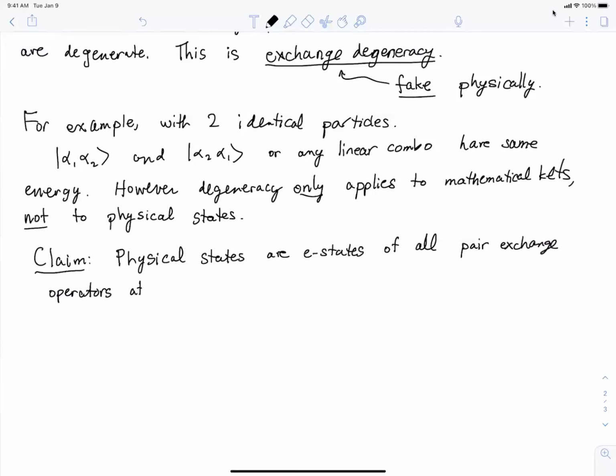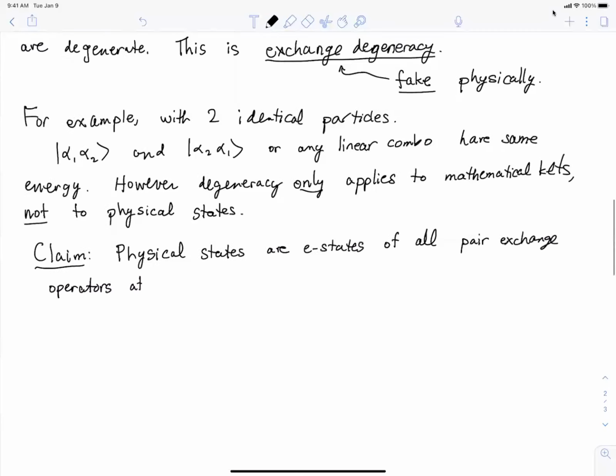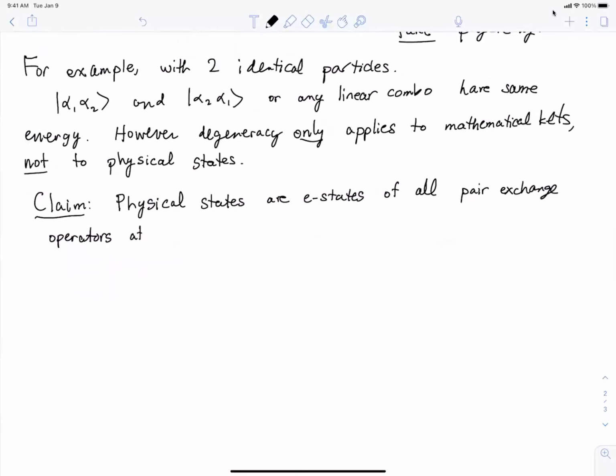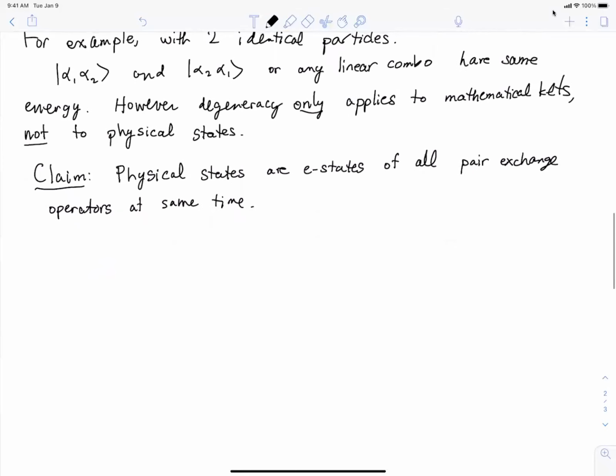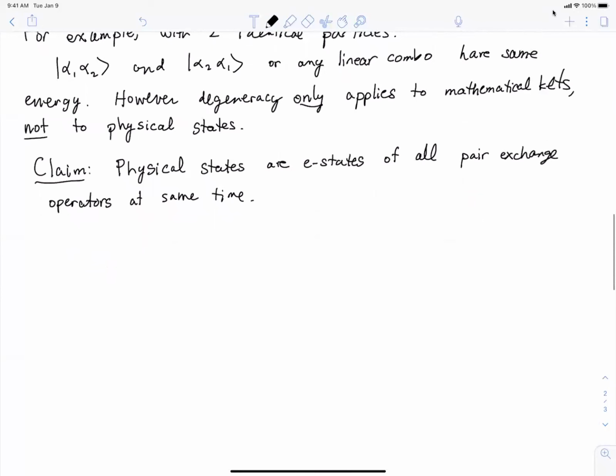So at this point, right at the moment, I'm not giving you any epistemological reason why this has to be true. But before we get to that, we can ask the question, if they're eigenstates of all pair exchange operators, what are the possible eigenvalues that they can have?